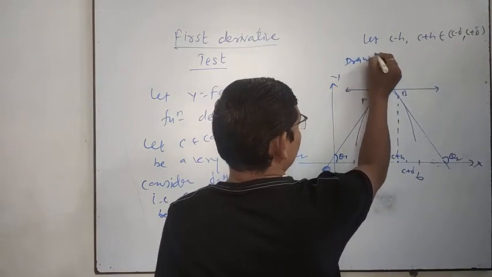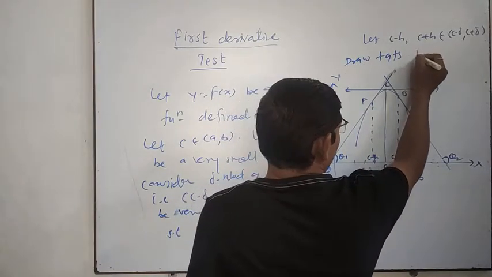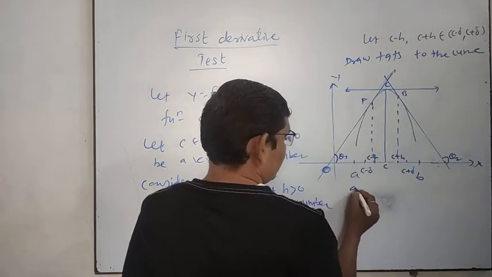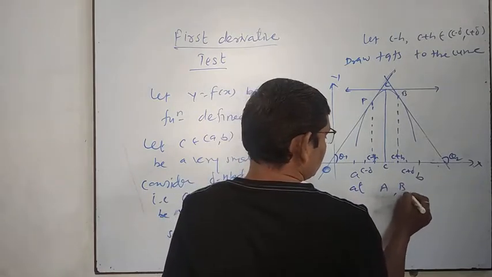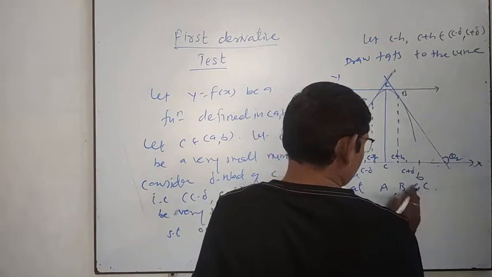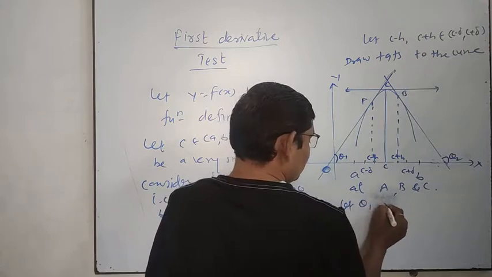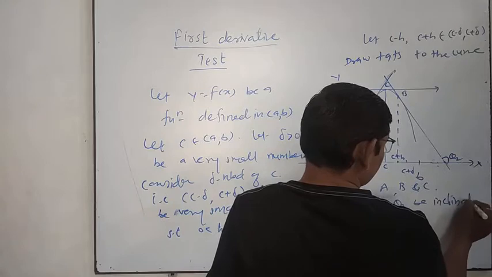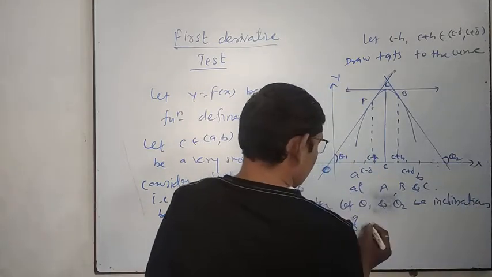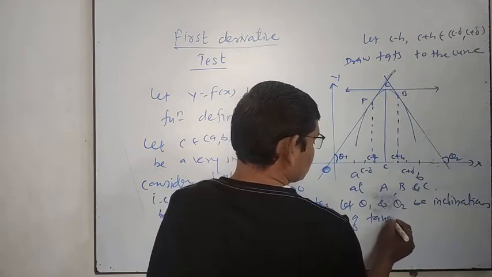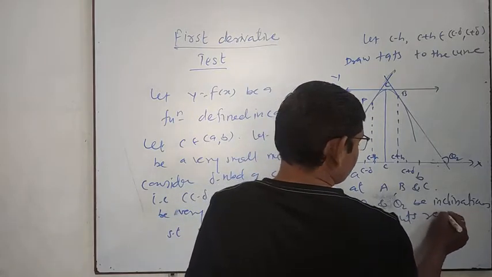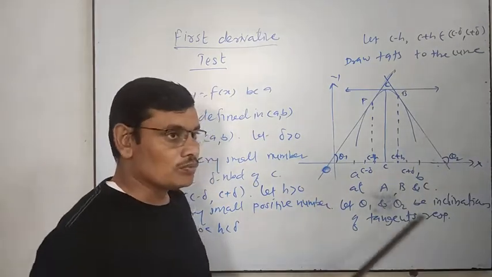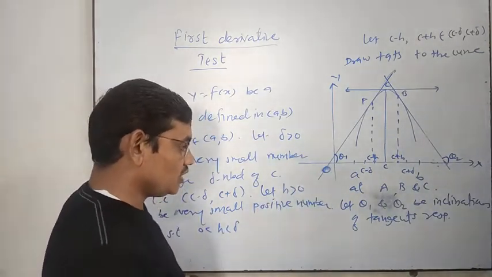Draw tangents to the curve at A, B and C. Let theta 1 and theta 2 be inclinations of tangents respectively. Theta 1 and theta 2 are the inclinations, that is, the angles formed with the positive axis. Theta 1 and theta 2.